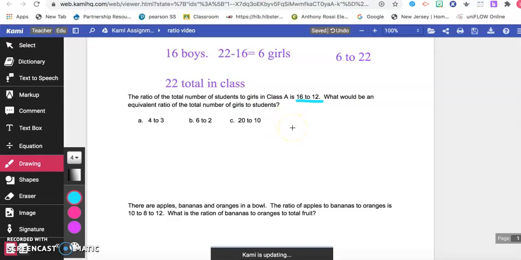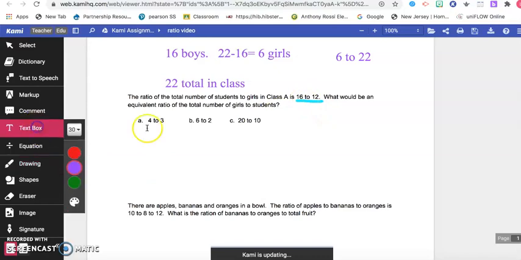So different ways that we can get equivalent ratios is we could divide both numbers by the same number, or we could multiply, just like if we are doing a fraction where we're simplifying. So here I notice that 16 and 12 have a common factor of 4. So I could divide 16 by 4, and I could divide 12 by 4.